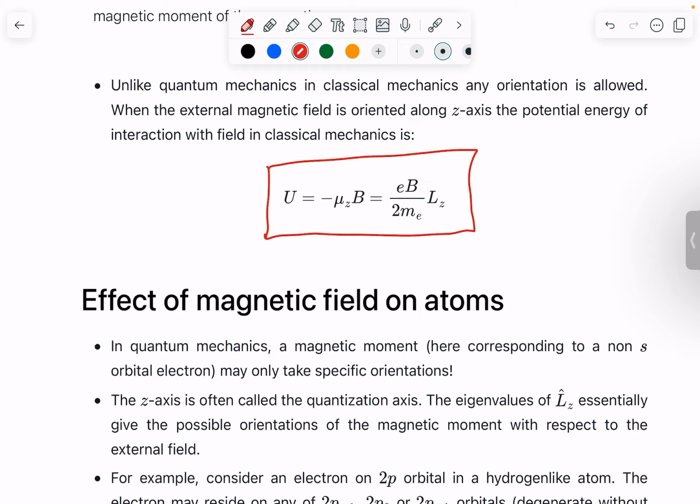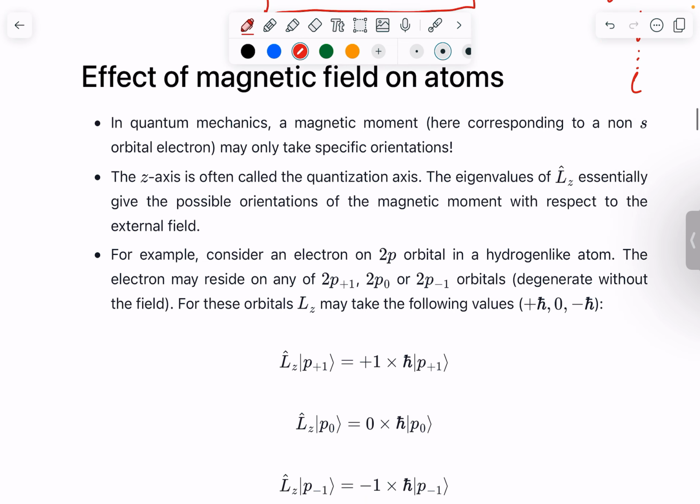For Lz, we can plug in whatever eigenvalues correspond to the value of L. We have two quantum numbers, L and mL, and mL goes from minus L, through 0, up to L, so we can easily plug in those values and get the interaction energies.